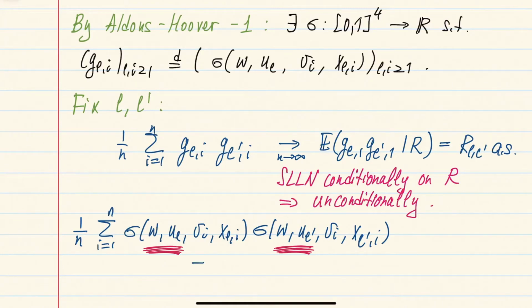So you have convergence by the strong law of large numbers to the expectation with respect to the random variables that depend on I. So I will denote this by E'. So the expectation of one term in this sequence, say the first one.